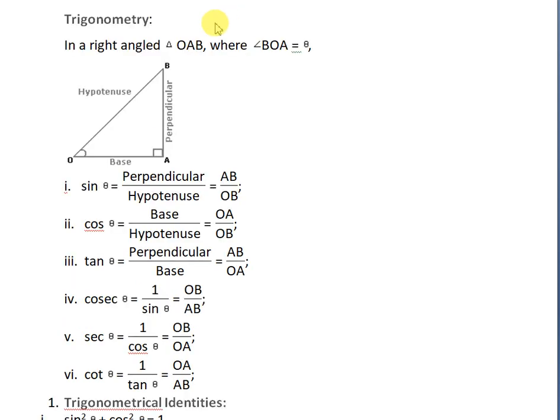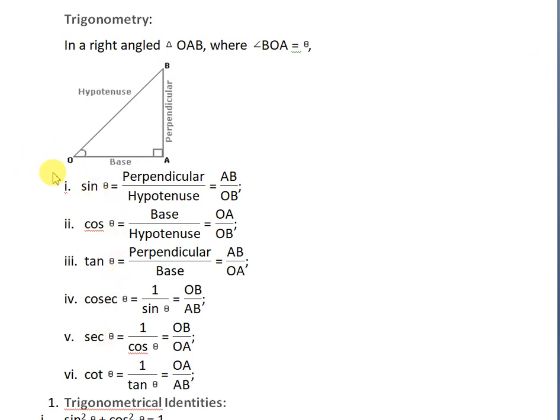So trigonometry, let's say we have a right angle triangle OAB where angle BOA equals theta. So what will be sine theta, cos theta, tan, cosec, sec and cot?